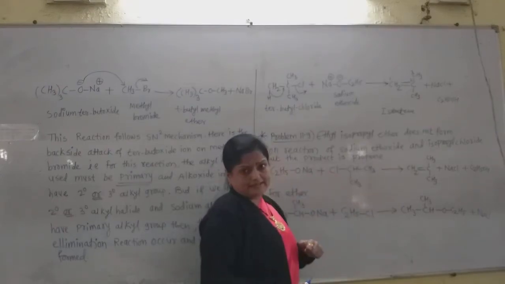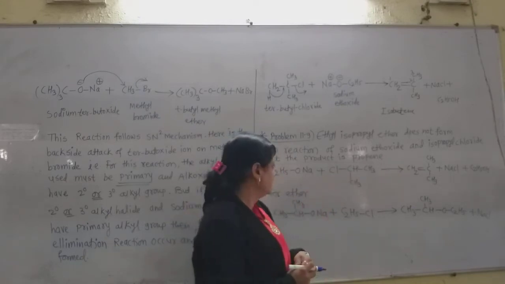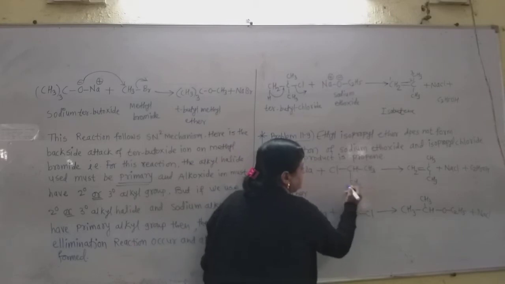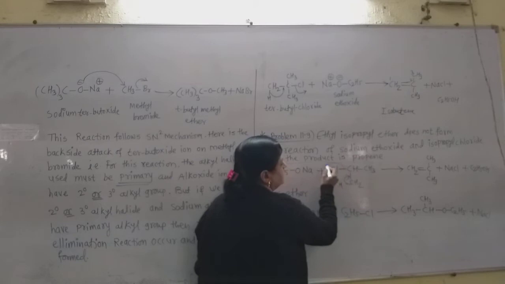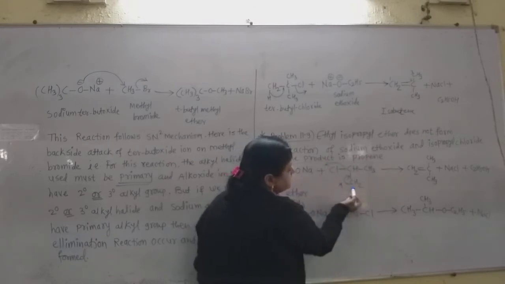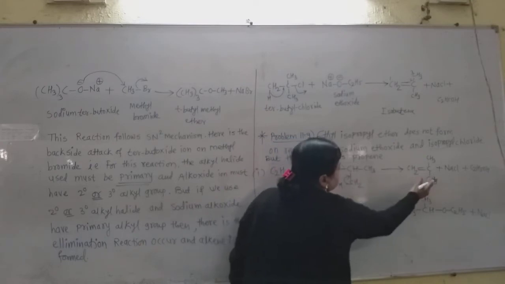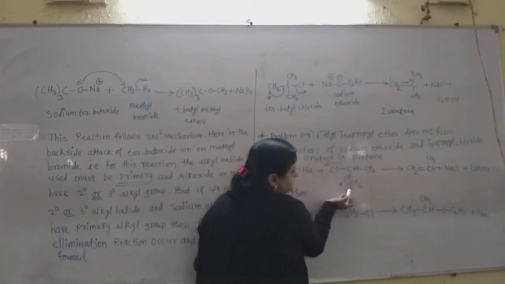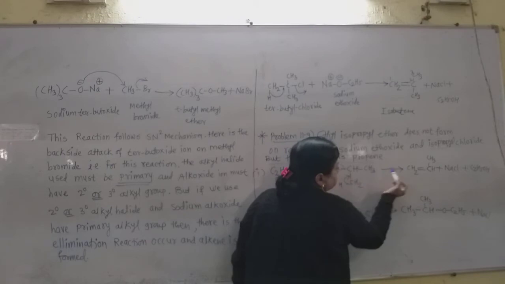As it contains a secondary alkyl group, there must be formation of the alkene. Suppose here is the CH2 and H gets separated. Now this gives a bond here and this chlorine gets detached. Here is CH2 double bond CH, then CH3.